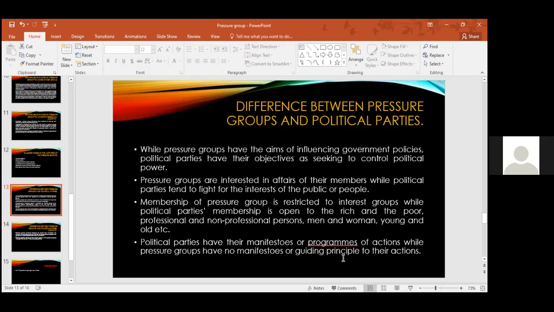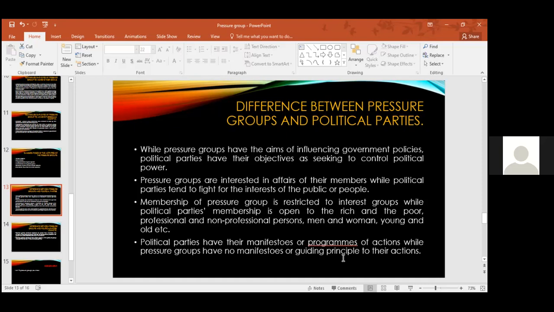But when it comes to pressure groups, they don't have these static things that they want to achieve. Instead, they go with the trend of government. If government makes a decision now and it does not favor them, they tend to go and meet the government and change it. So it's not as if they don't have what they want to do, but it's not static.